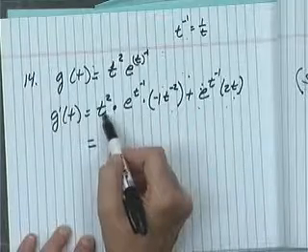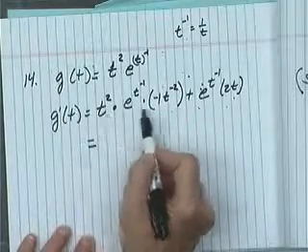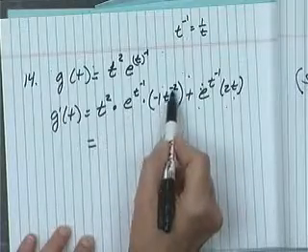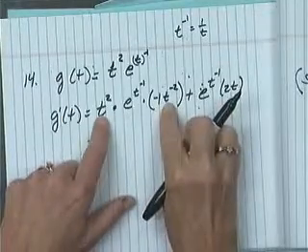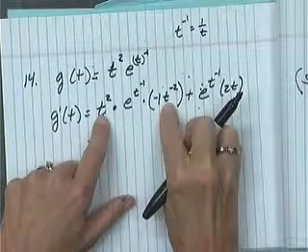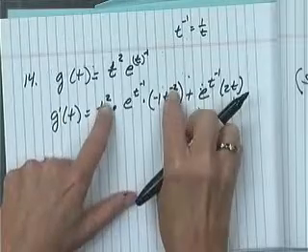Let's see here. How do we want to deal with that? A t squared times a t to the negative 2, when the bases are the same, add the exponents, right?